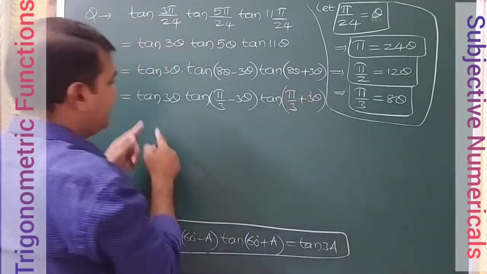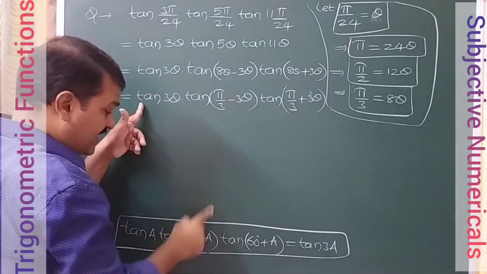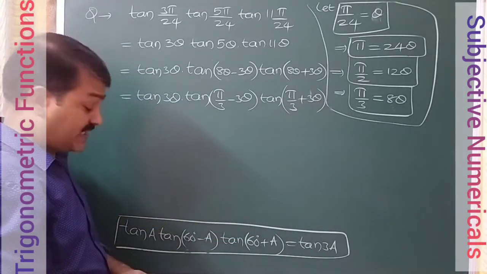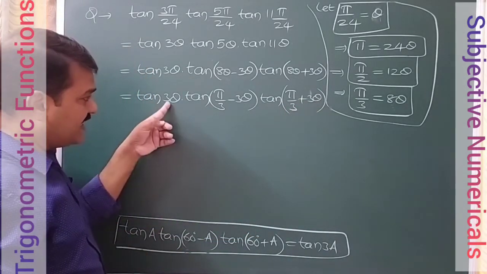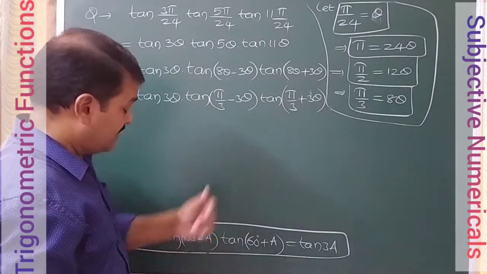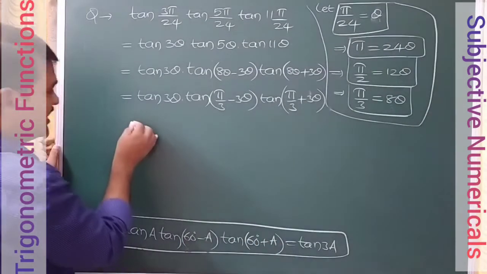Now we got the model tan A, tan 60 minus A, tan 60 plus A. In place of A we have 3 theta, and 60 degrees, pi by 3, is matching. So just apply the formula.